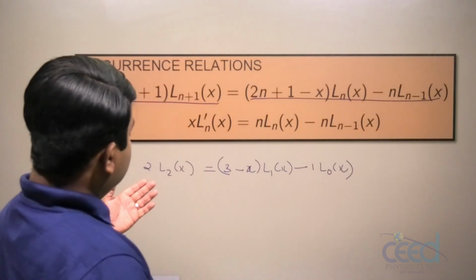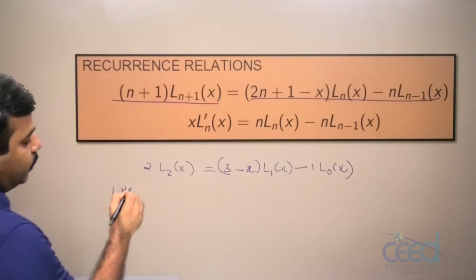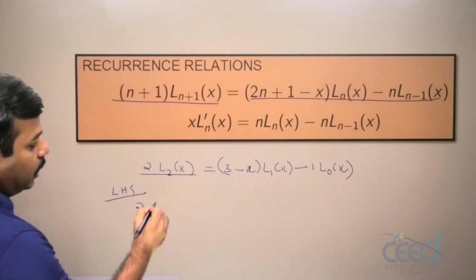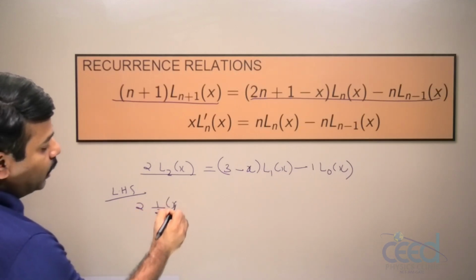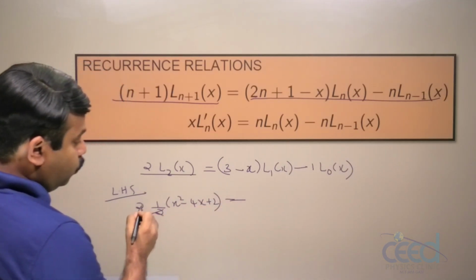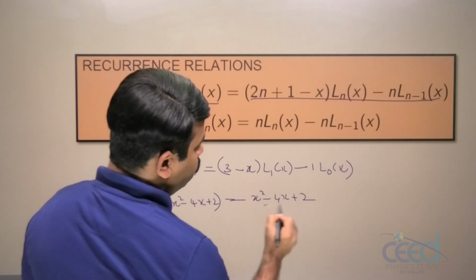Now we check LHS and RHS separately. LHS is 2 times L2(x), and L2(x) is 1 by 2 into (x square minus 4x plus 2). The 2 cancels, giving x square minus 4x plus 2.